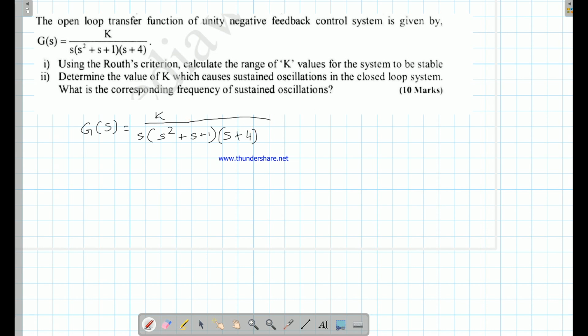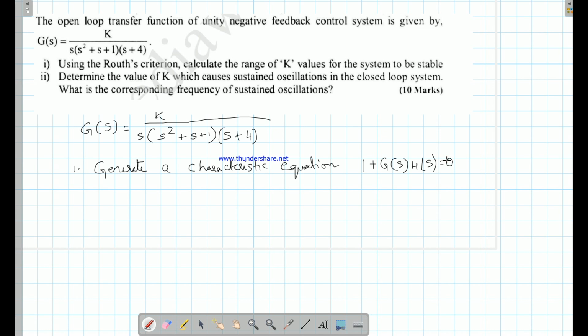Now, the first step in RH criteria is we need to generate a characteristic equation, which is 1 plus G(s) into H(s) equals 0.